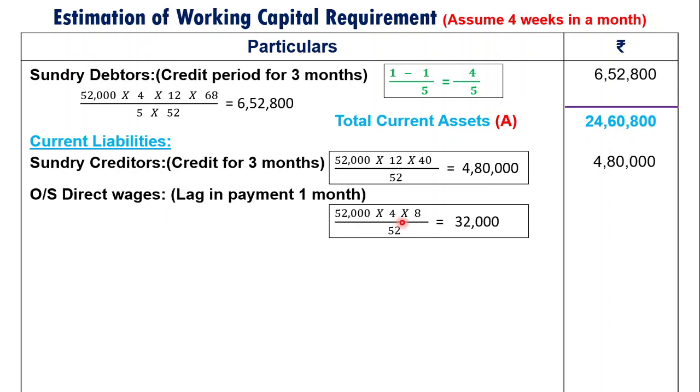Direct wages as per our calculation is 8 rupees per unit. The amount obtained is 32,000 and to be recorded in the outer column.